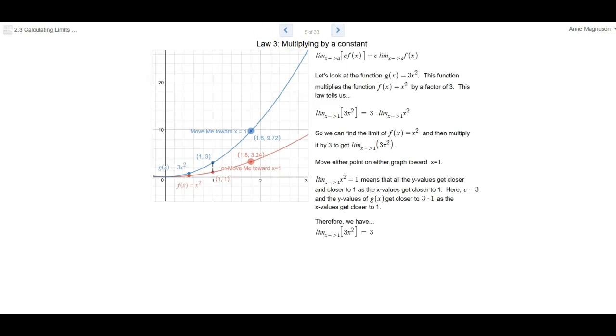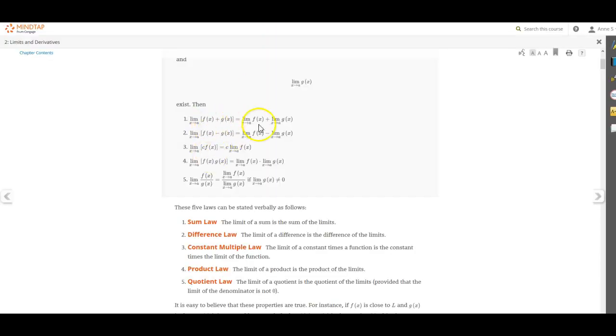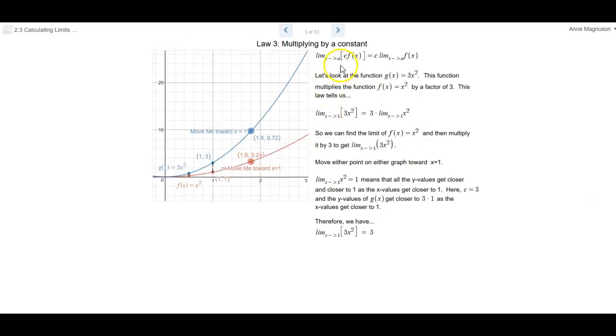So now the next law. We had the sum, we had the difference, now it's multiplying by a constant. This next law tells you that you can take the constant, pull it out of the limit. So you can just find the limit of a simpler function and then multiply it by that constant.